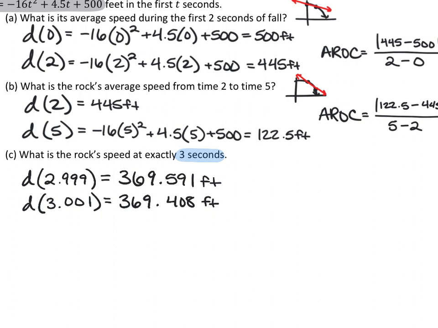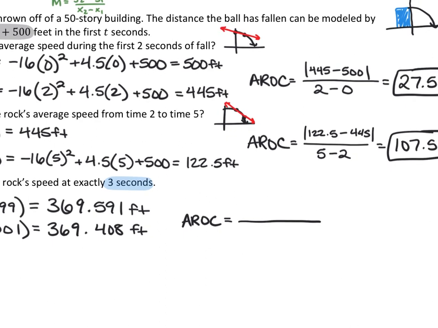If we estimate the instantaneous rate of change by finding the average rate of change between a minute step away in both directions, we can find a good approximation of the IROC, which means we're going to do 369.408 minus 369.591, absolute value, over 3.001 minus 2.999.